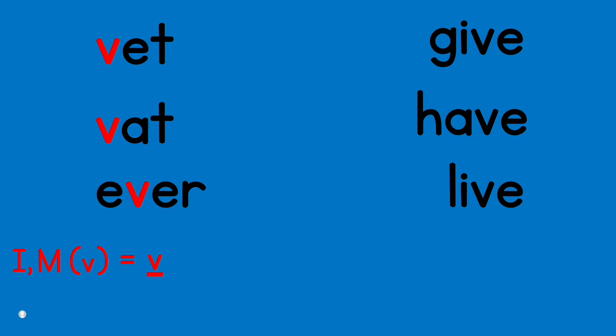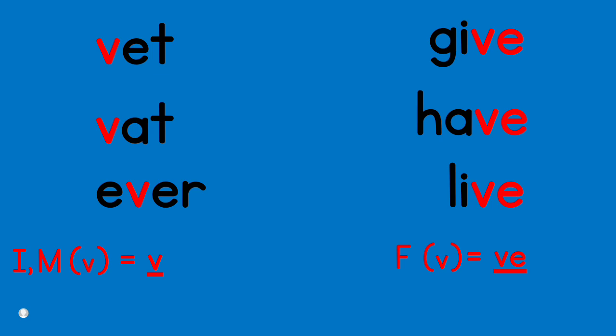What sound did you hear in that final position? Yes, we heard a final V. How did we spell that V sound in the final position? We spelt it V-E. Final V is spelled V-E.